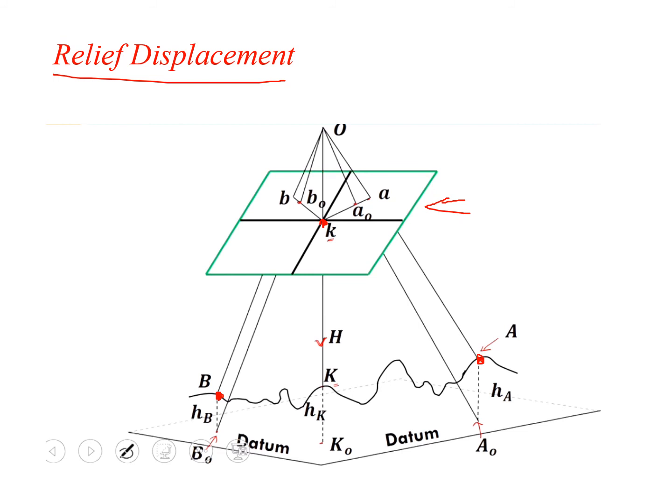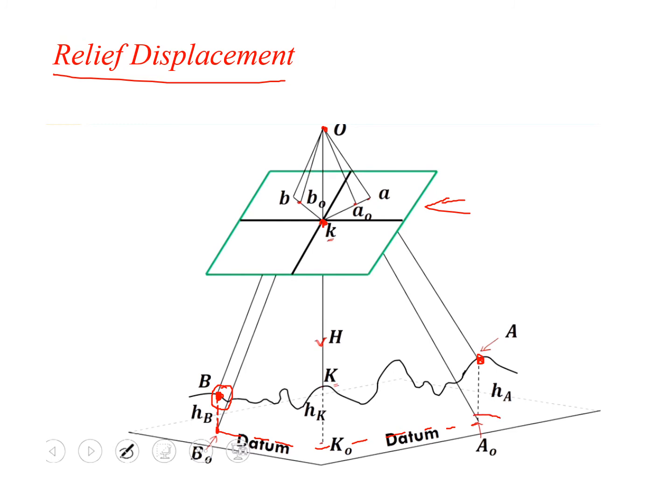Now this is your exposure point, and just draw a line passing through. Before that, the B point. If you draw a vertical from this B point to the datum plane, this is your B0 point. Similarly, if I draw from this point, that indicates one plane itself.